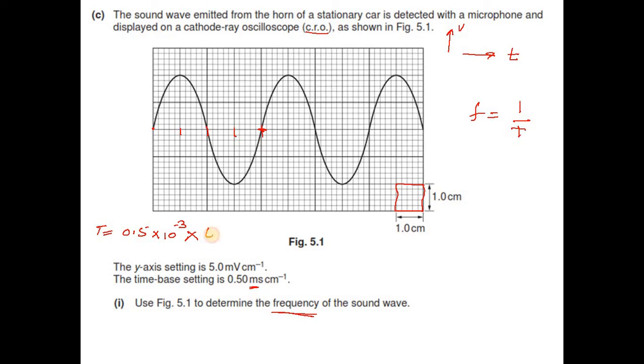That means the time period is equal to 2 times 10 to the power minus 3 seconds, and frequency is 1 upon T. So if you take the reciprocal of the time period, frequency would be equal to 500 Hertz. This is the frequency of the sound wave.